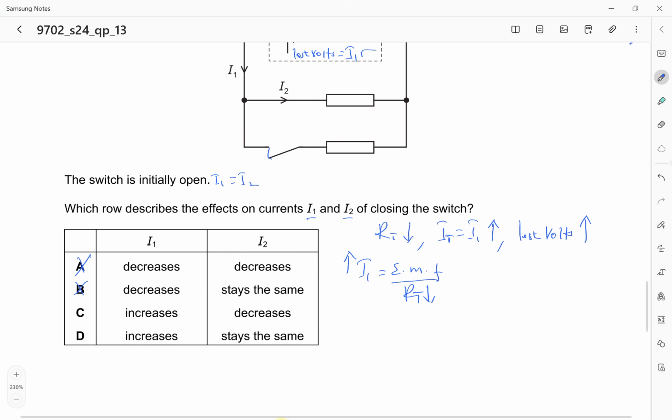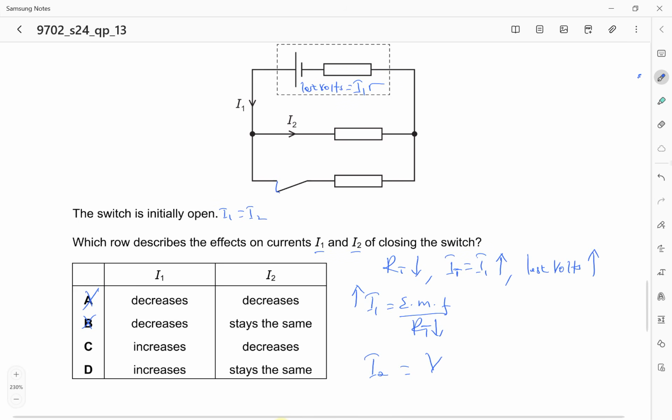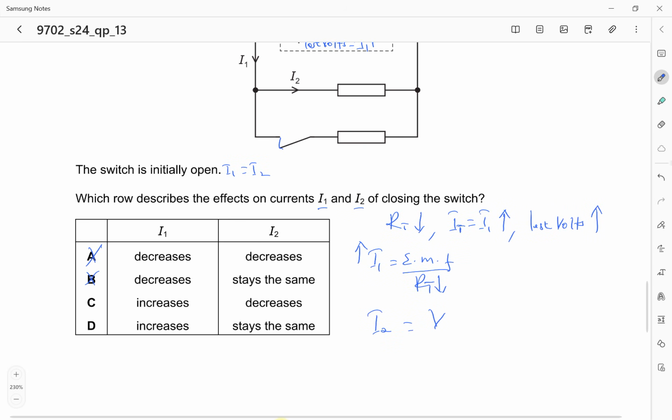Then we look at I2. What is going to determine I2? I2 is going to be the terminal PD, V, divided by R2. Let me call this one R2. So what has happened to the terminal PD? The EMF, remember, is equal to the terminal PD plus the lost volts.